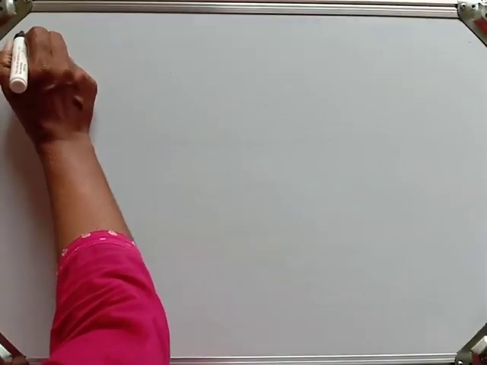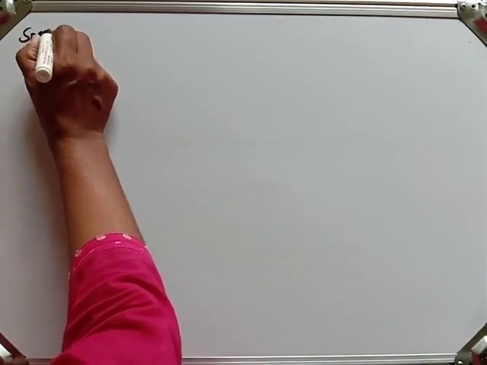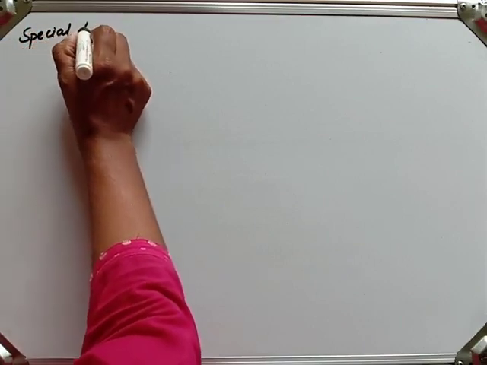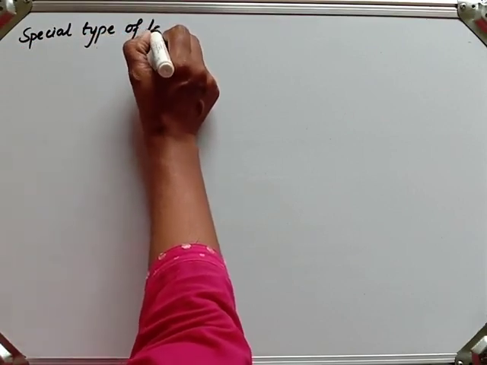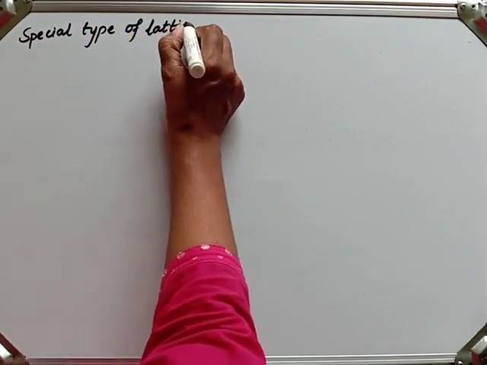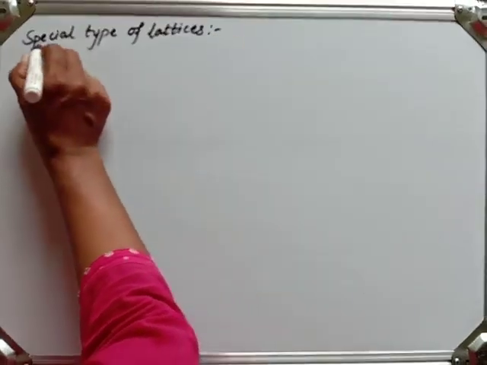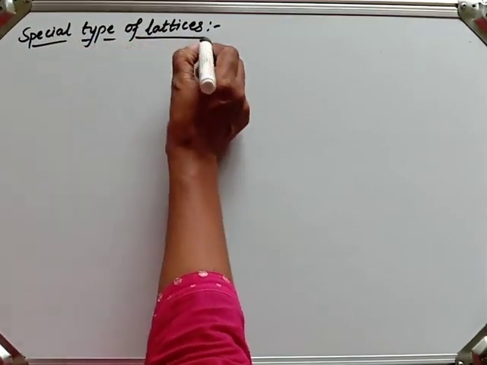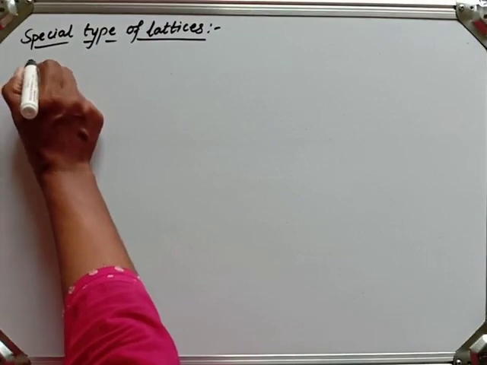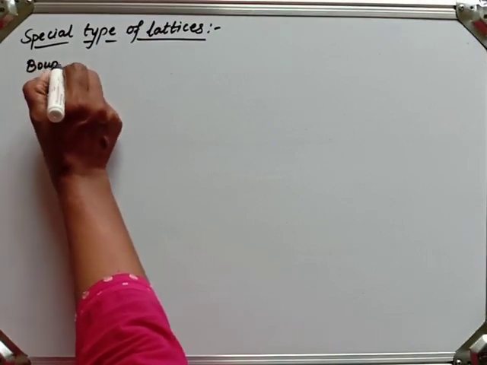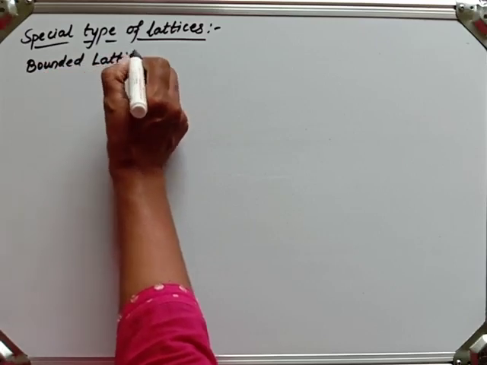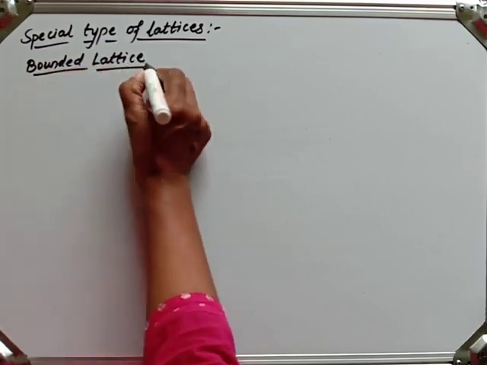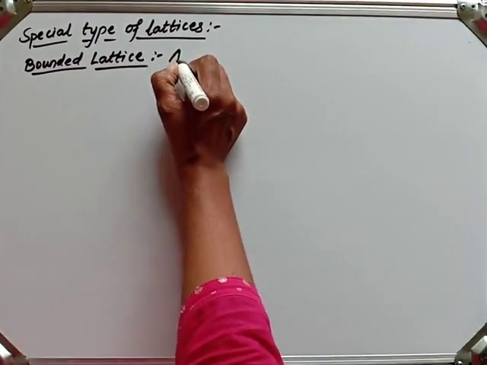Now, special types of lattices. Let me take first of all the bounded lattice. When is a lattice known as bounded?